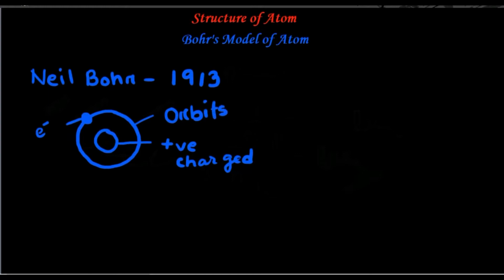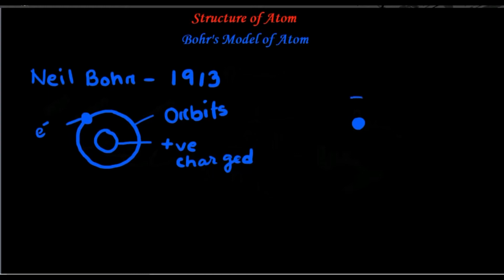But Bohr modified the Rutherford's model where he explained that electrons moved around in fixed orbital shells. Furthermore, he explained that each orbital has fixed energy levels.